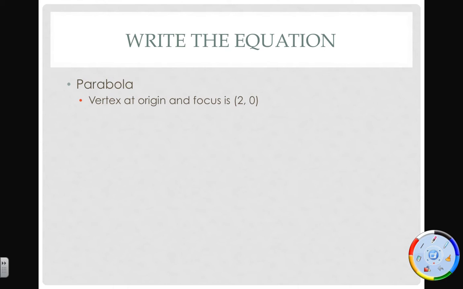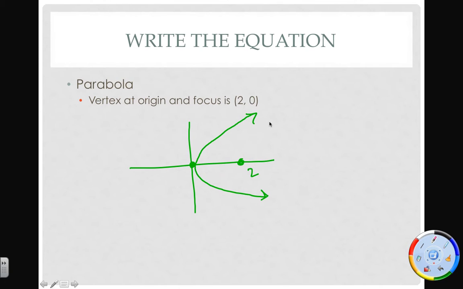All right, so let's go ahead and look at a few examples here. Let's write an equation. Let's say I gave you a vertex at the origin and a focus at the point 2, 0. If we were to do a little sketch, I would have a vertex at 0, 0 and a focus at 2, 0, which means, because the focus has to go inside the parabola, it opens to the right.